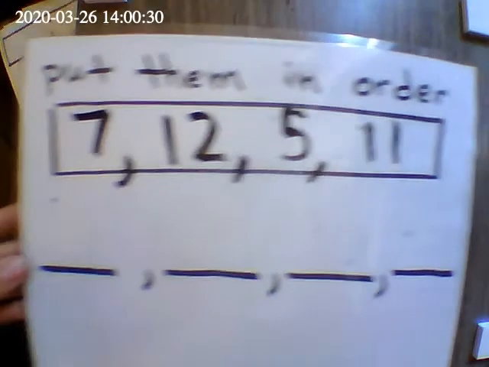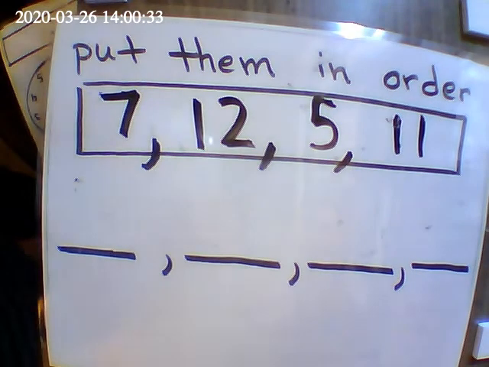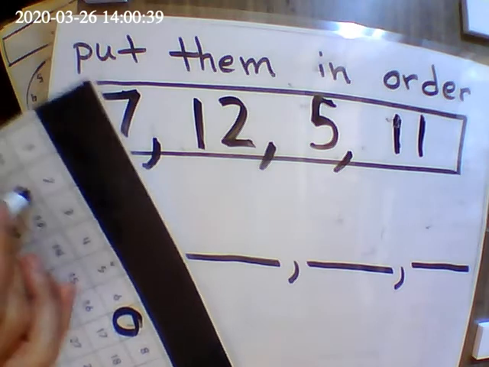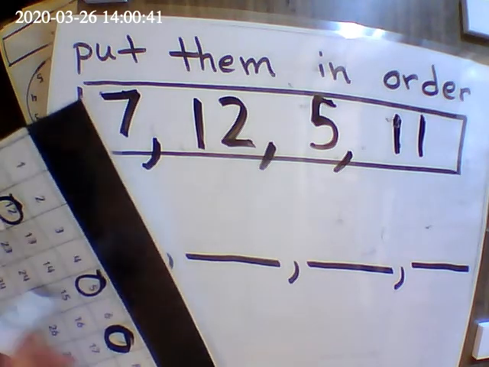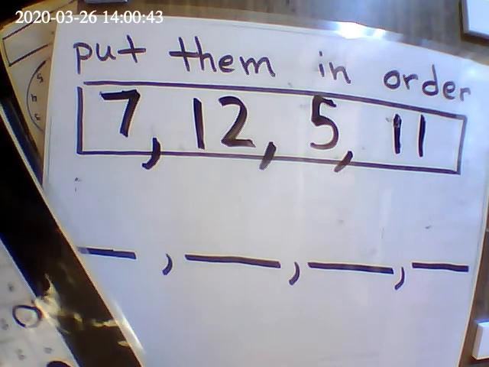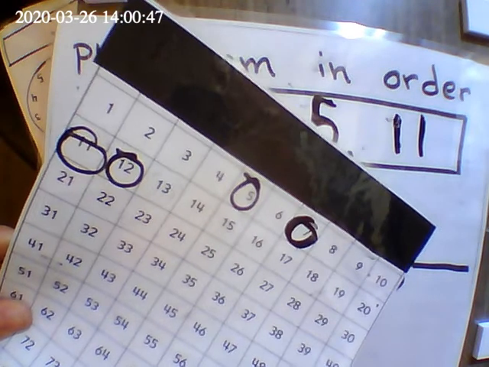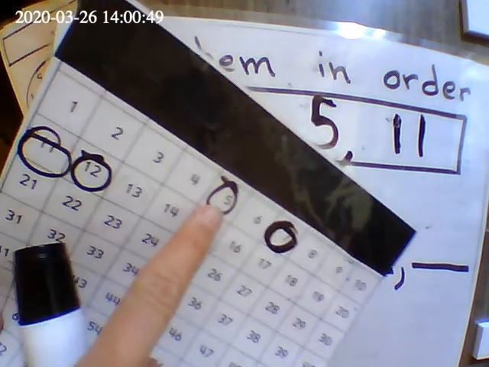On our next chart, we're going to put them in order. So like I said before, if you have to, use your 120 chart. So I'm going to circle mine. So I'm going to circle 7, 12, 5, and 11. And starting, I'm going to hit 5.